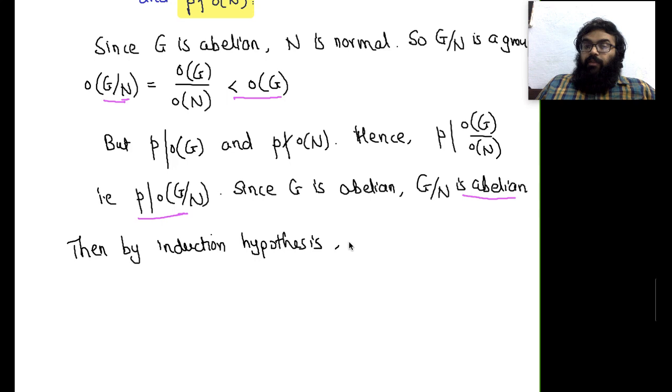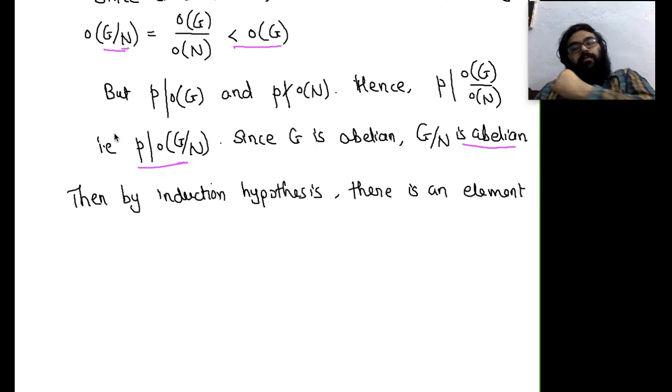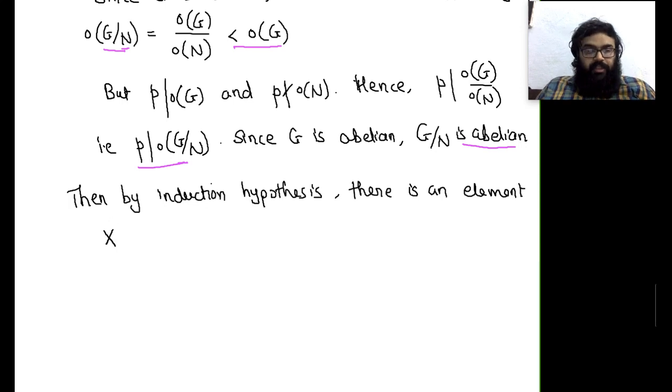there is an element in G quotient n, not in G. Then from this element we will again go back to G. So by induction hypothesis, there is an element x in G quotient n such that x is not equal to e, identity.